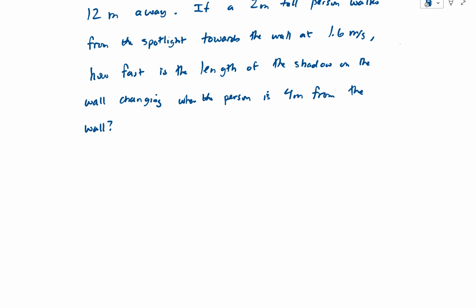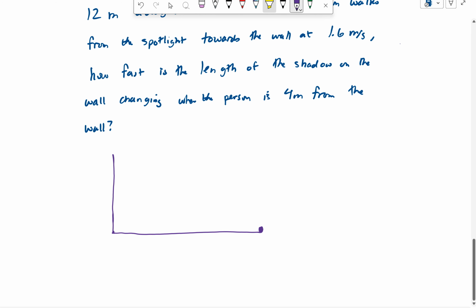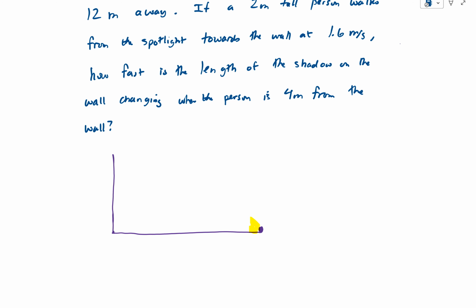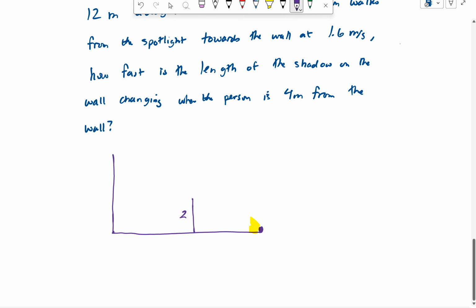So let's say here is our wall. Okay. And over here, this is our spotlight. So the spotlight is shining in this direction like this. If you have our person here that's 2 meters tall, the spotlight is shining like this and is casting a shadow here.